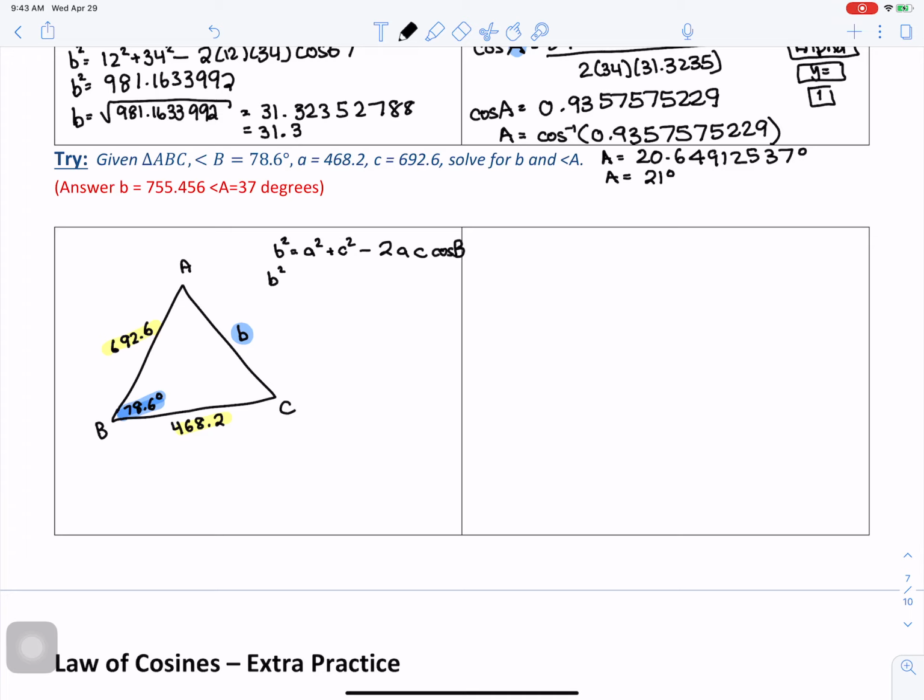So b squared equals 468.2 squared plus 692.6 squared minus 2 times 468.2 times 692.6 cosine of B, which is 78.6.